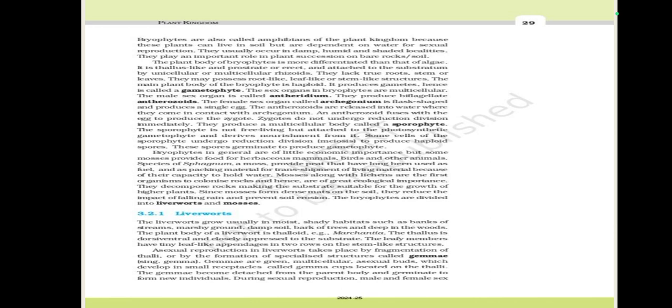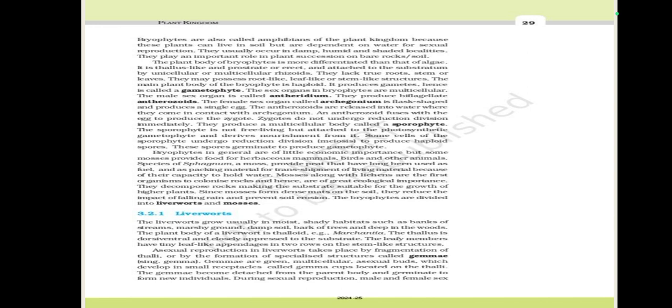The plant body of bryophytes is more differentiated than that of algae. It is thallus-like, prostrate or erect, and attached to the substratum by unicellular or multicellular rhizoids. They lack true roots, stems, and leaves. They may possess root-like, leaf-like, or stem-like structures.